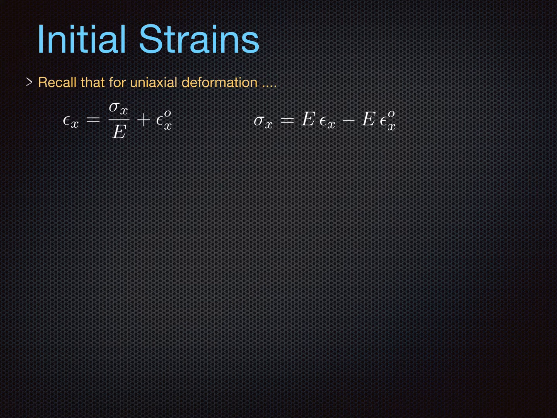And it's simply Young's modulus multiplied by their difference, really. And for the general case, I can think of this relationship as the subtraction of two vectors, which are C times epsilon and C times epsilon naught. Right? That's just a generalization of the uniaxial scalar formula that I put up top.